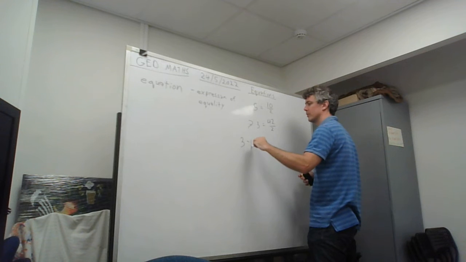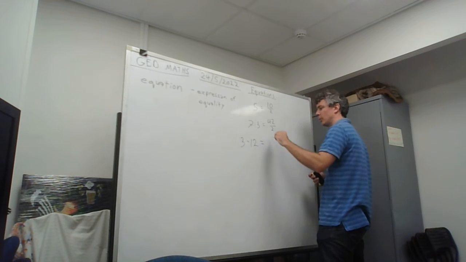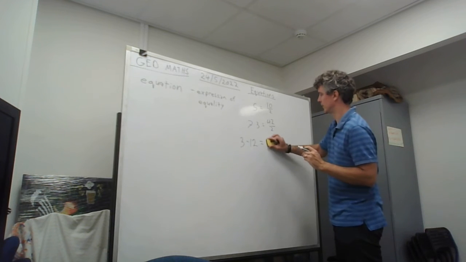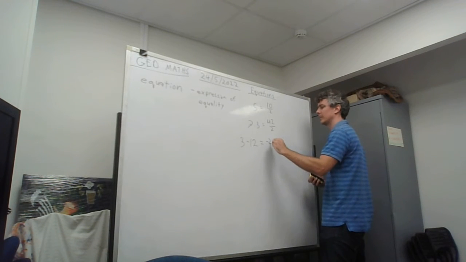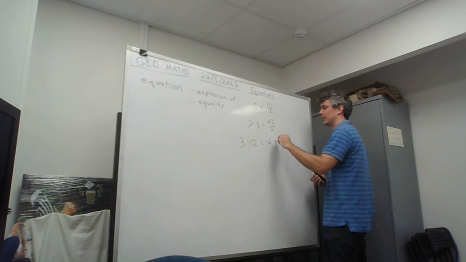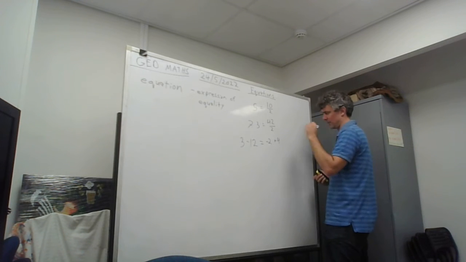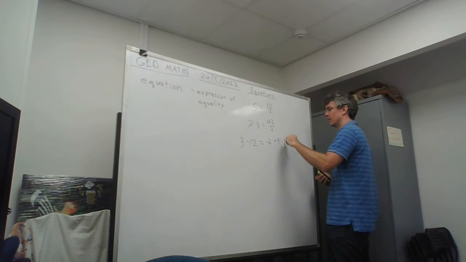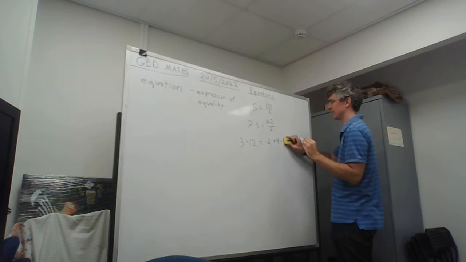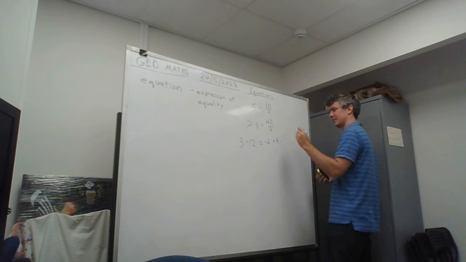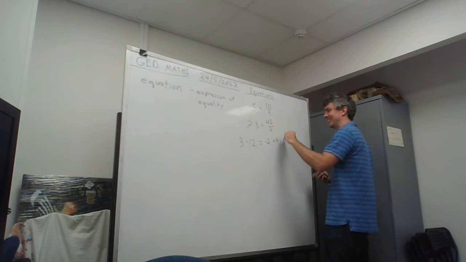3 minus 12 equals negative 2 plus 4 minus 11. Minus 9.